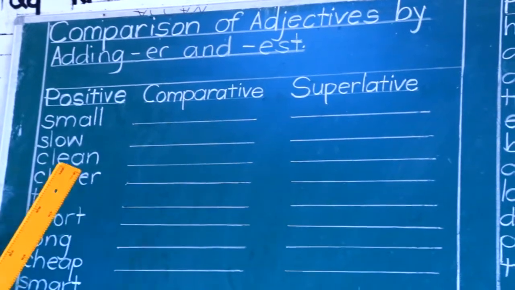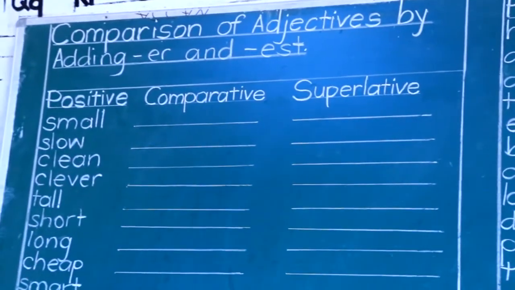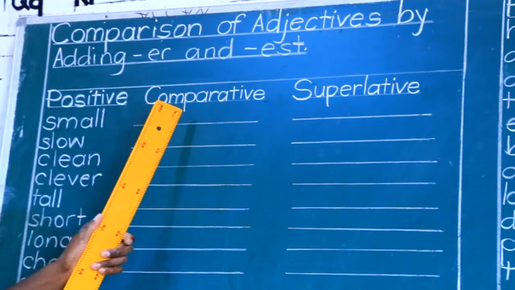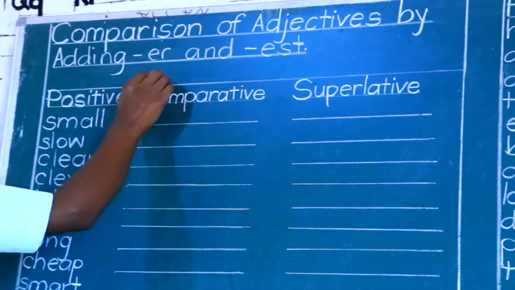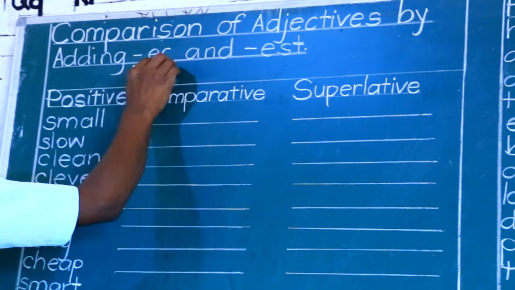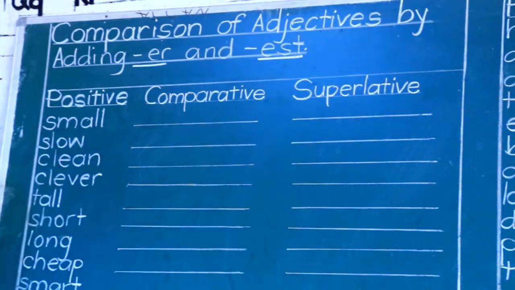We have the first category of adjectives that form their comparative and superlative degrees by simply adding ER and EST. Yes, we looked at a few of them yesterday. Here, we have the details in this lesson.